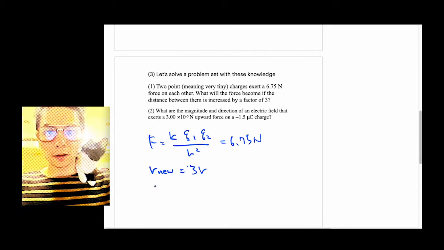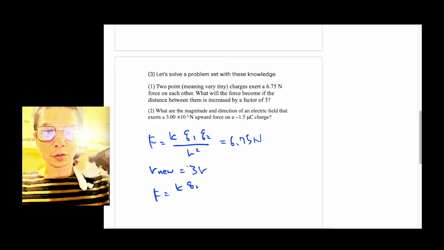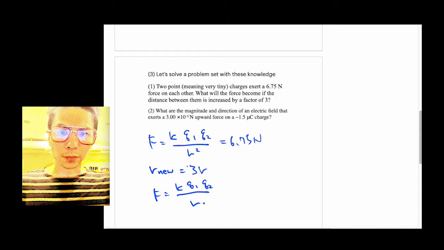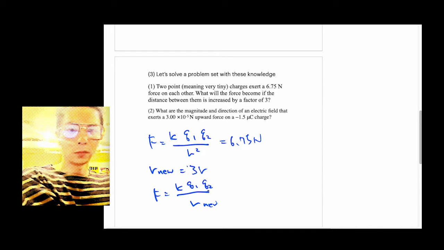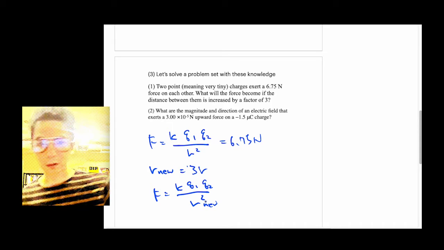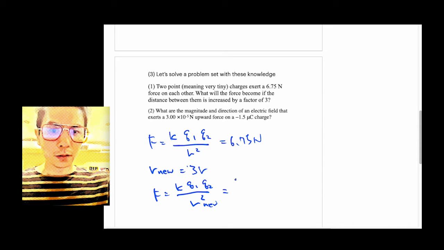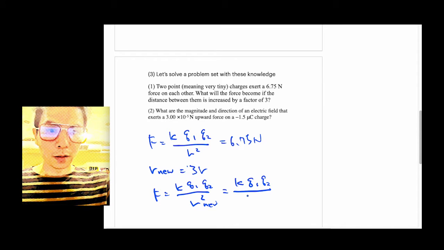F equals Coulomb's constant Q1 Q2, because these numbers are not changed, divided by R new squared, which is Coulomb's constant Q1 Q2 divided by (3R) squared.